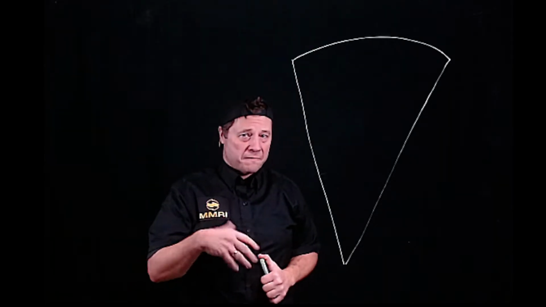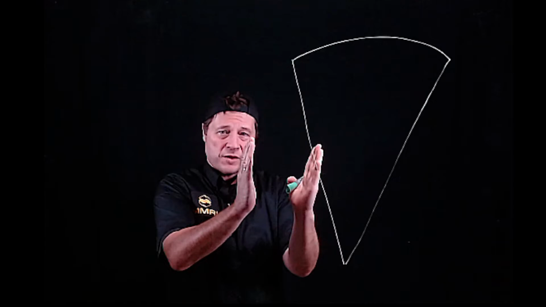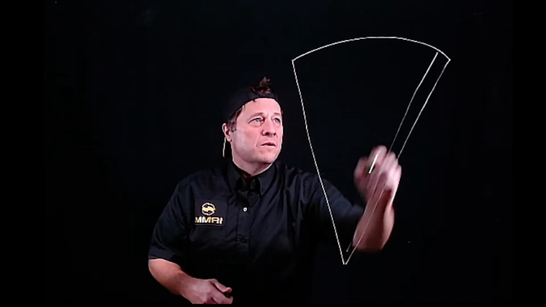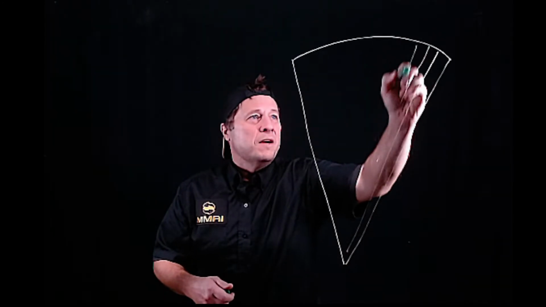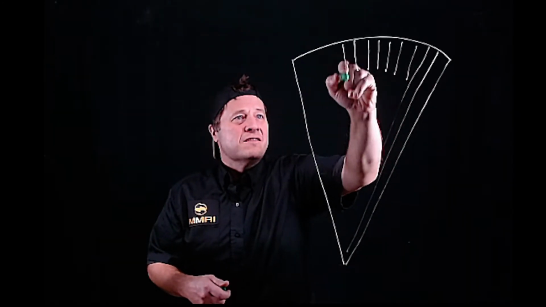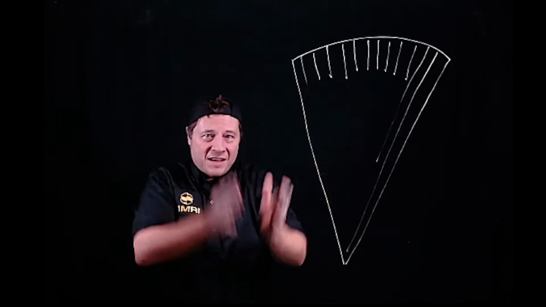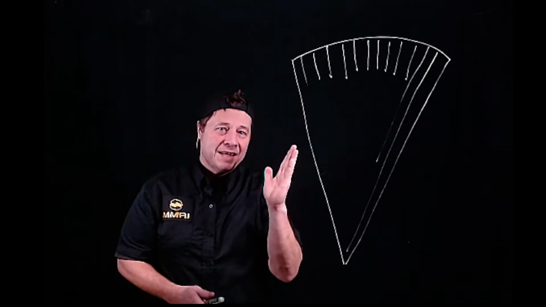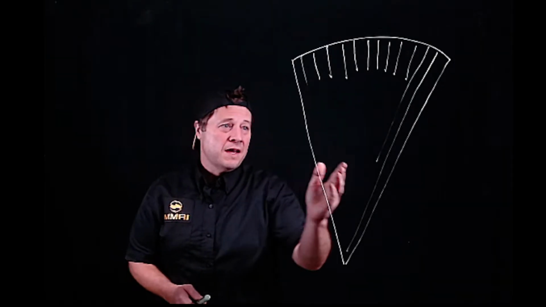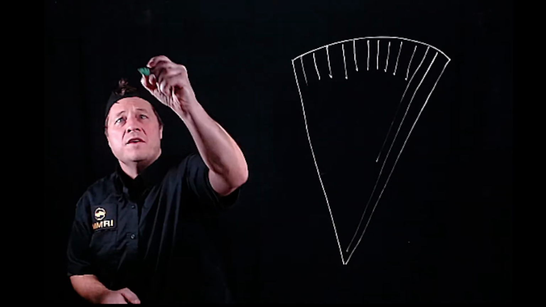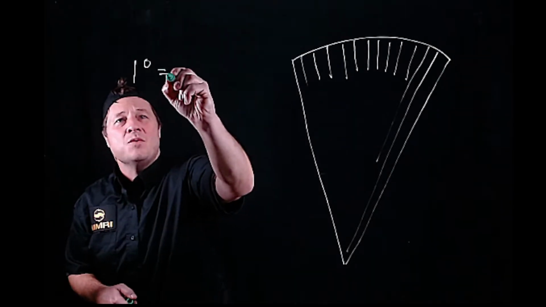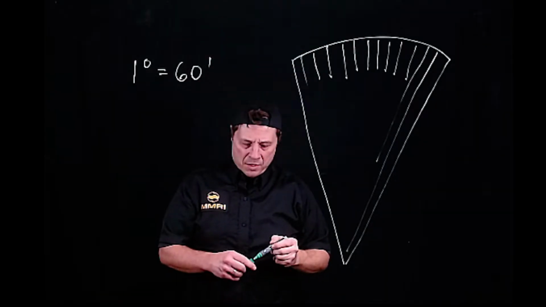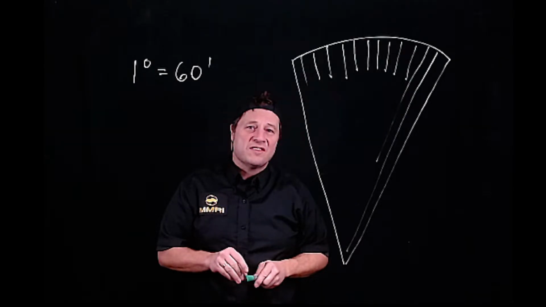So if we want to understand fractional degrees, we can take 1 degree and we can break it down, right? I won't draw all the lines, but basically if I break this degree into 60 pieces, 60 equal pieces, then what I get is 1 degree is equal to 60 minutes. Okay? 1 degree is equal to 60 minutes.